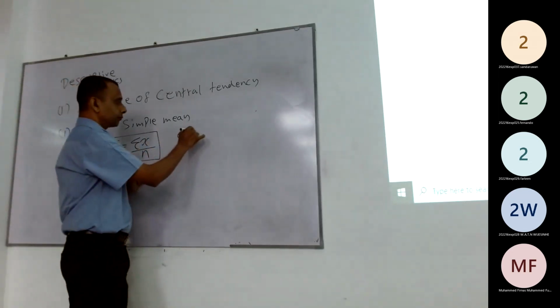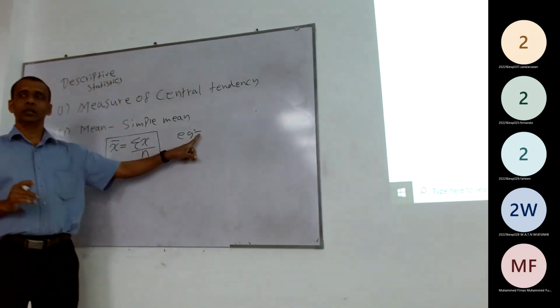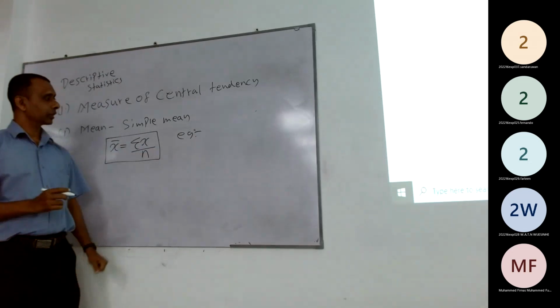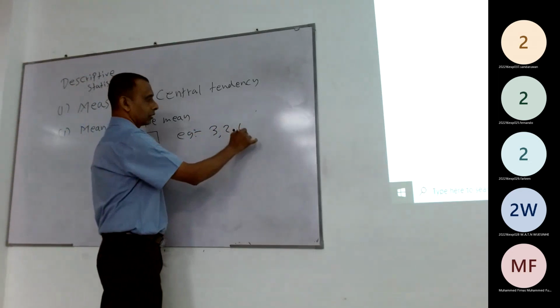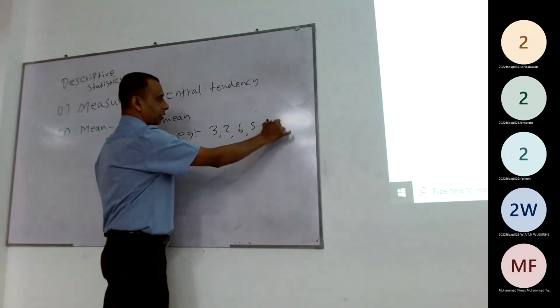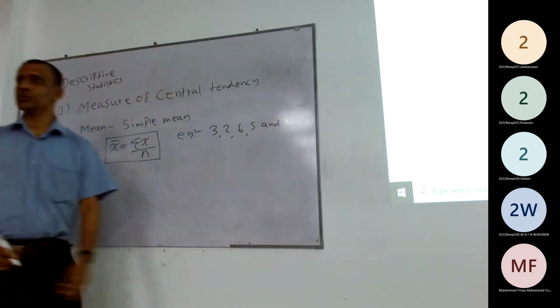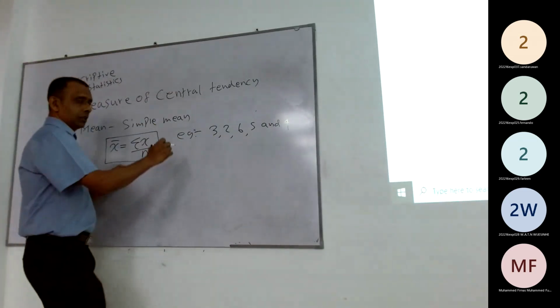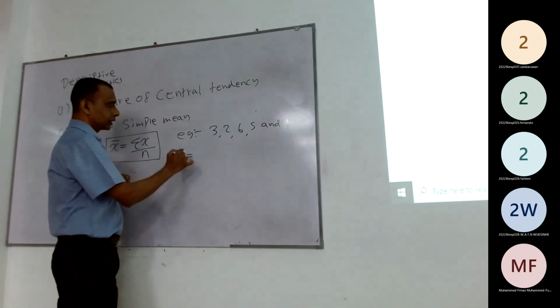Right, example, write down. Calculate the simple mean of 3, 2, 6, 5 and 4. Now I calculate x bar.